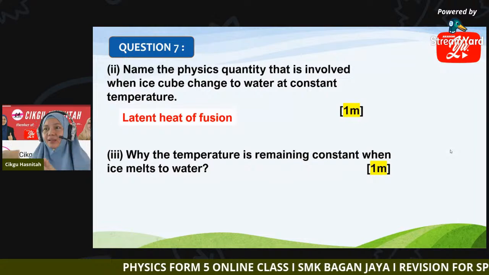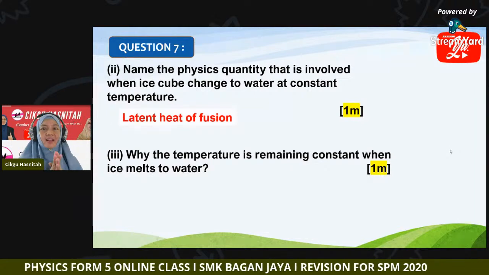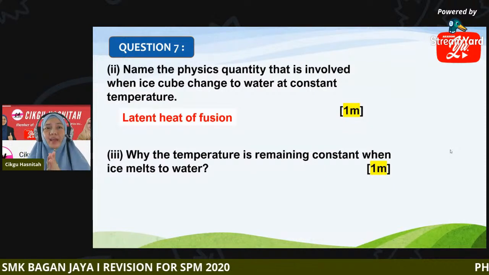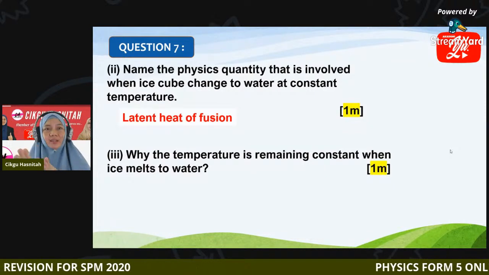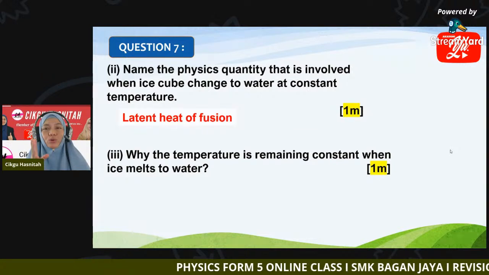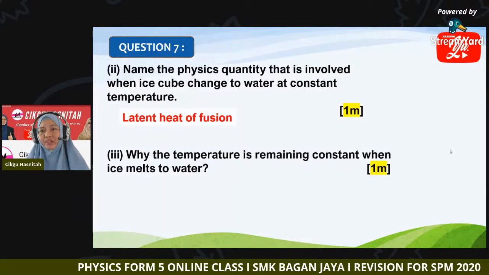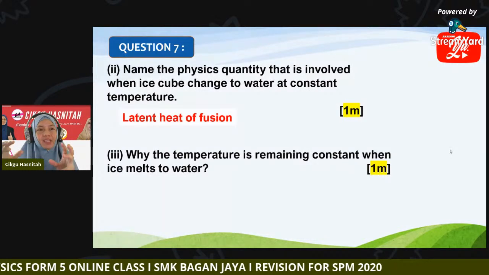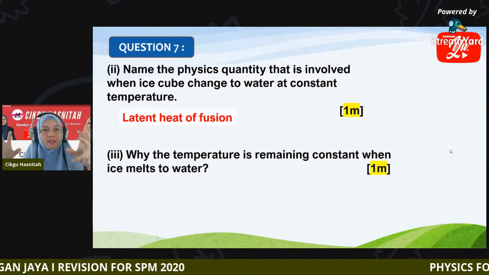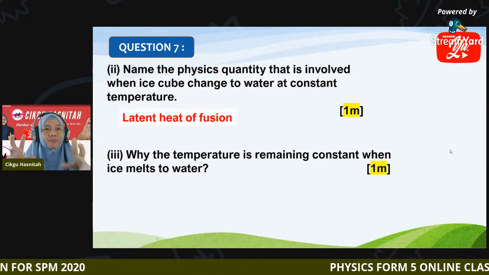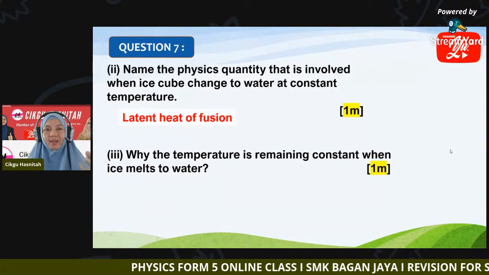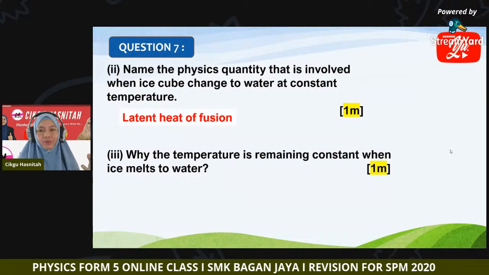Okay, third, it's not temperature. You read the question carefully. Name the physics quantity involved when the ice cube changes to water at constant temperature. So here, this question involves heat. This means the physics quantity is the heat. What is the name of the heat? The name of the heat is latent heat of fusion.